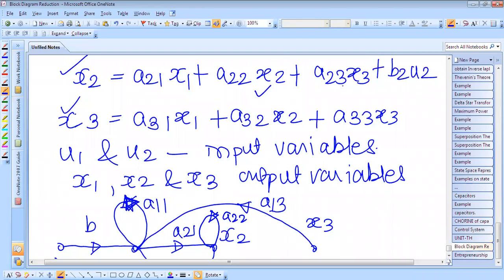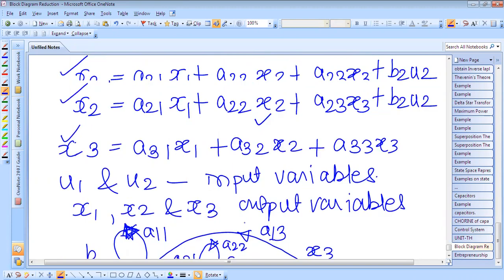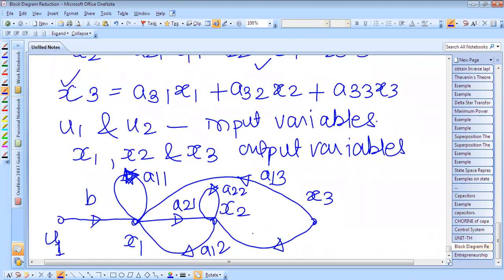Now one signal is coming from x3 to x2, that is a23.